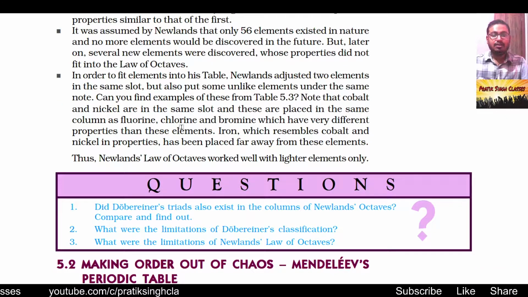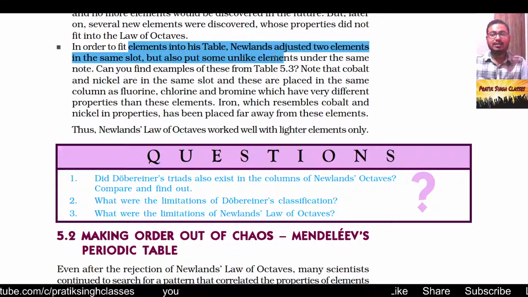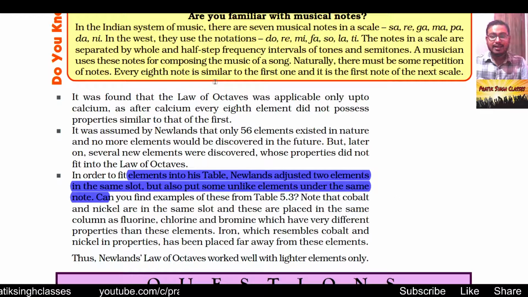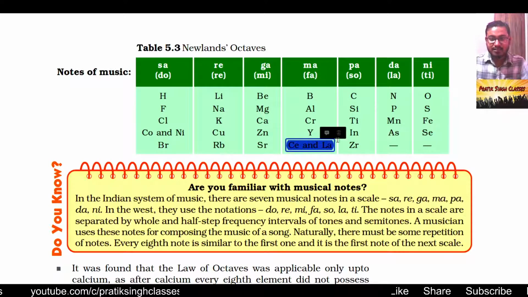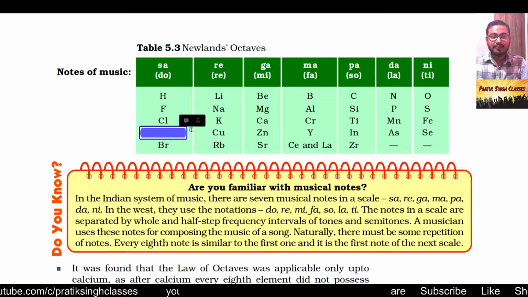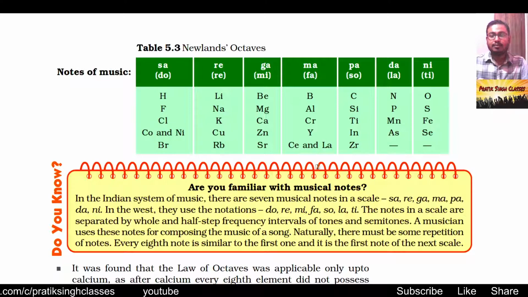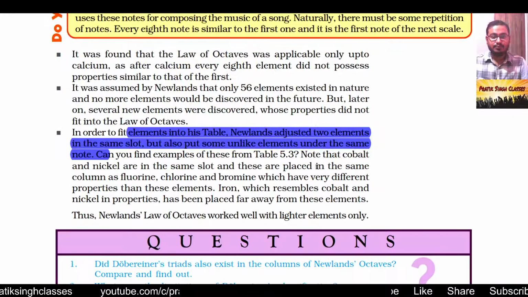In order to fit elements in his table, Newland adjusted two elements in the same slot and also put some unlike elements under the same note. As you can see in table 5.3, cesium and lanthanum are put in the same group. Likewise cobalt and nickel were put in the same place. This brought a disaster to Newland's octaves.